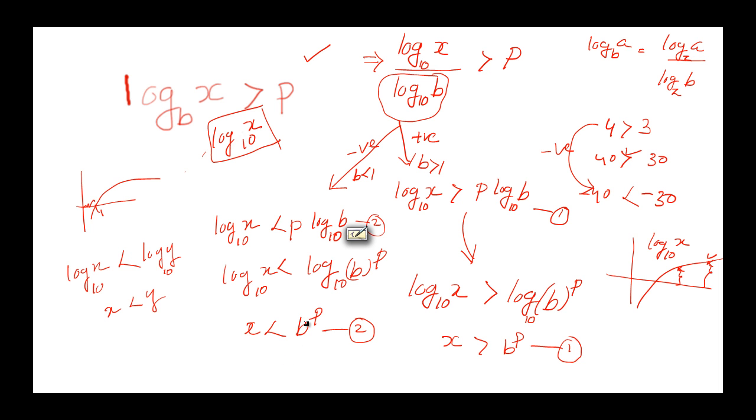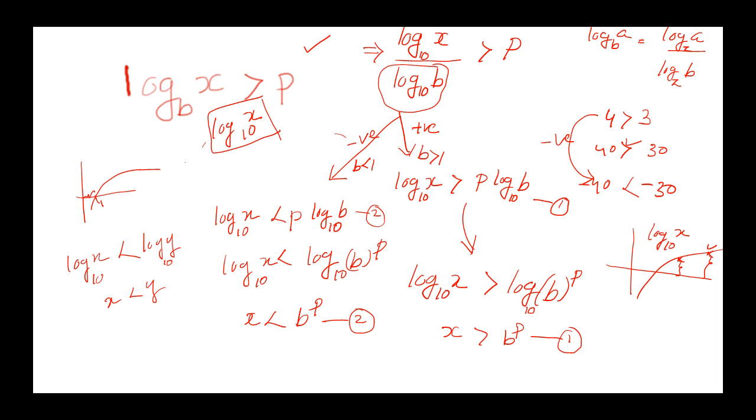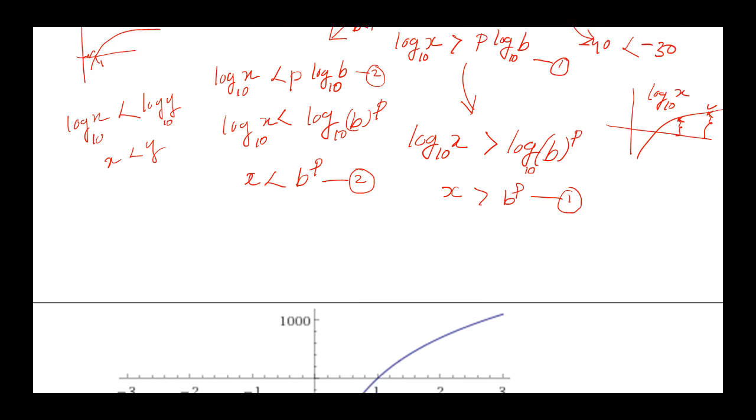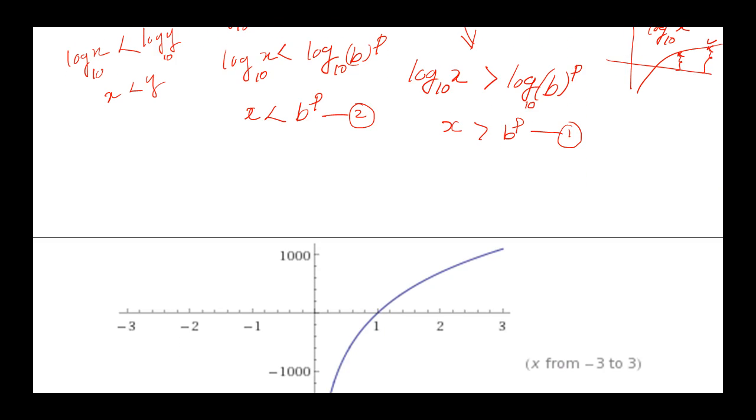So from where we started, this was our inequality which we wanted to solve: log x to the base b greater than p. Let me rewrite it again. We started with a statement that log x to the base b is greater than p.